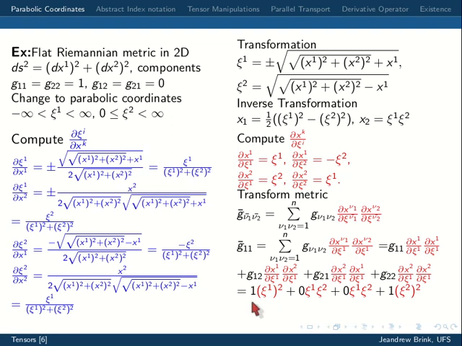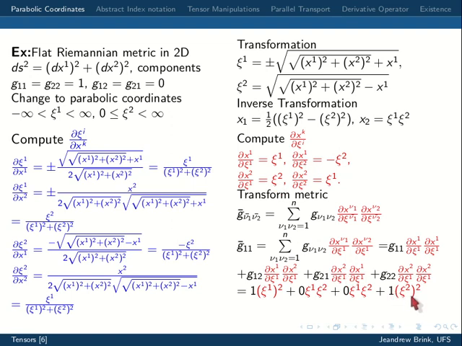So let's just substitute in the values. G11 is 1, dx1/dxc1 is simply xc1, so that's xc1 squared, that's the first term. G12 is 0, G21 is 0, G22 is 1, and then you have dx2/dxc2, which is xc2, so there's that one squared.